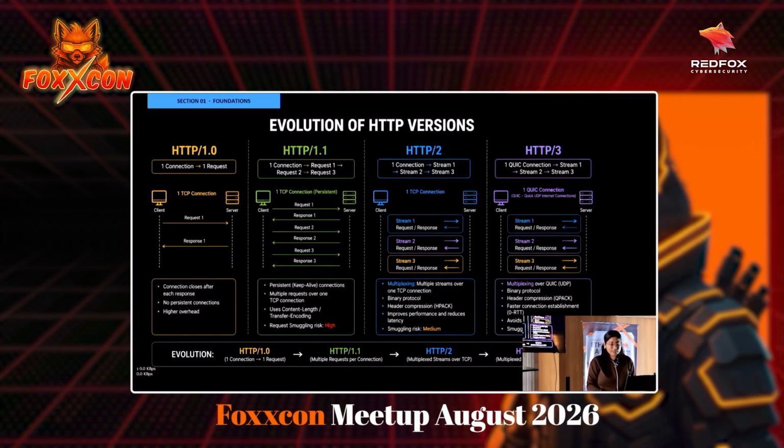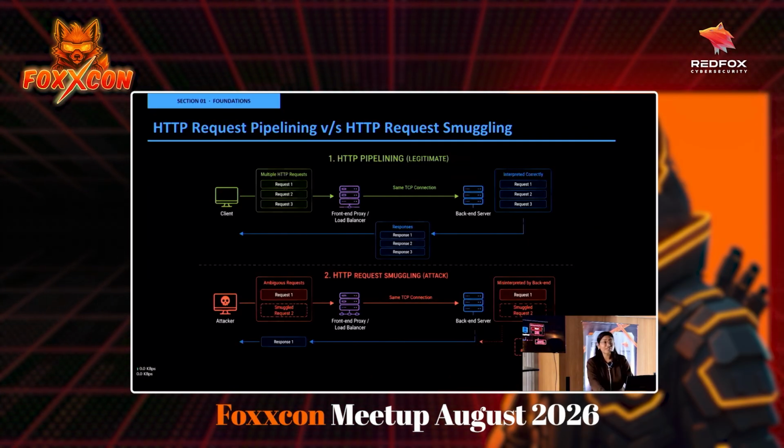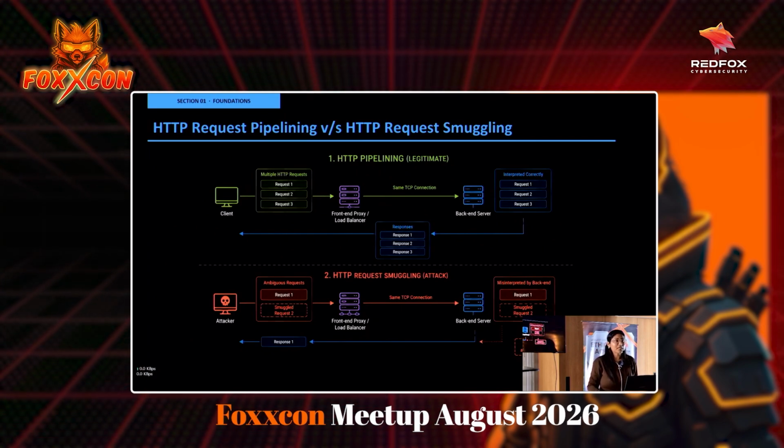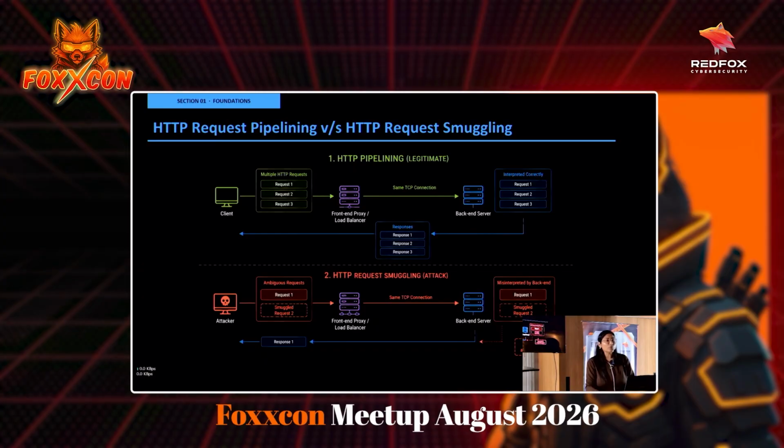Next is HTTP pipelining. Before understanding HTTP request smuggling, you should understand HTTP 1.1 more clearly. In one connection there will be multiple requests, but how do they take place, what will be the sequence: FIFO, LIFO, round robin? So first, let's understand HTTP pipelining.